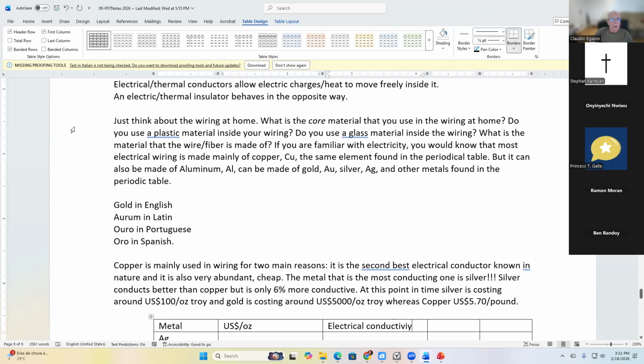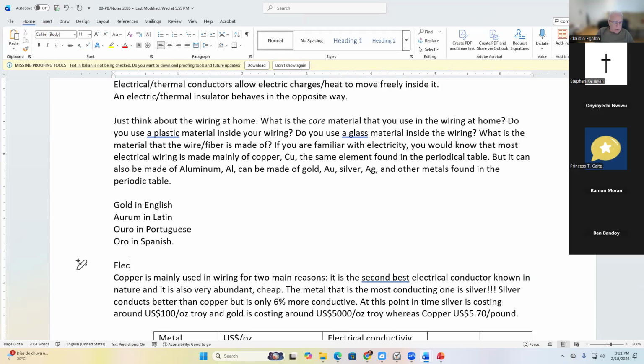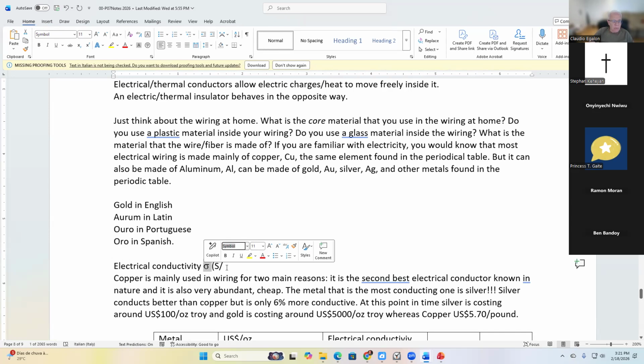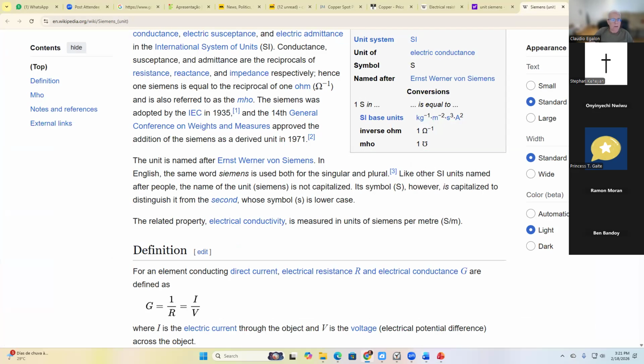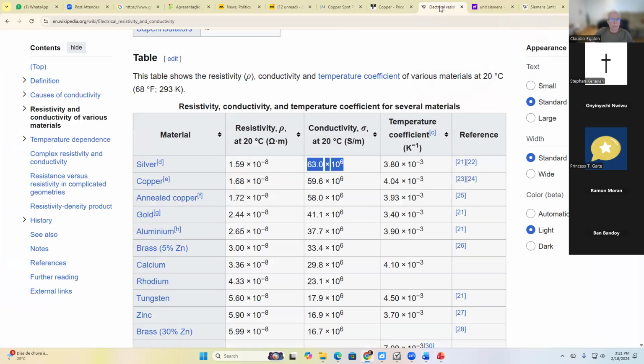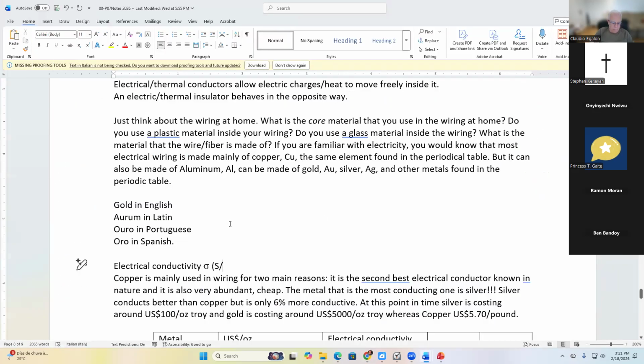The unit for sigma is Siemens per meter.